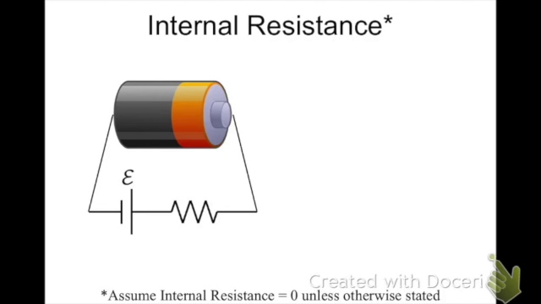But the EMF is the source voltage, the nominal voltage of the battery, without taking into account its internal resistance, which means that the terminal voltage of the battery can be calculated like this. V, the terminal voltage of the battery, is the EMF, that is to say, the nominal produced voltage by the battery, minus the internal resistance. Internal resistance is not IR, it's current times the internal resistance, right?